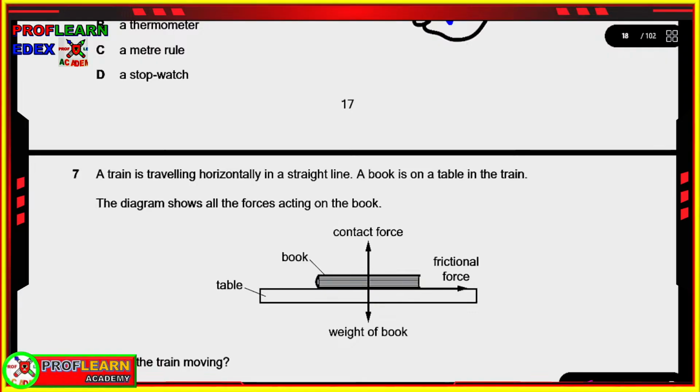Okay, let me check and see. I can see a question: why is friction to the right? Farouk is asking why is friction to the right.